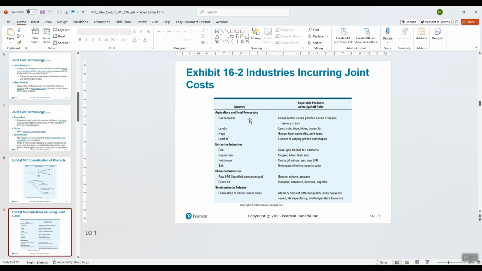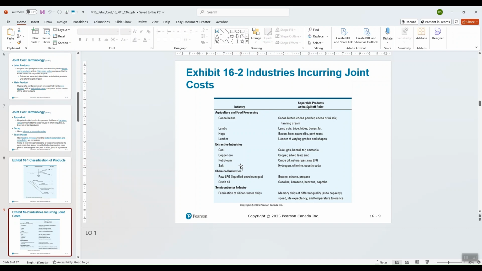Then we have the extractive industry, which is mostly focused on coal, copper ore, petroleum, salt, and these are the industries that may have different products being produced. So here is the type of products that they will produce.